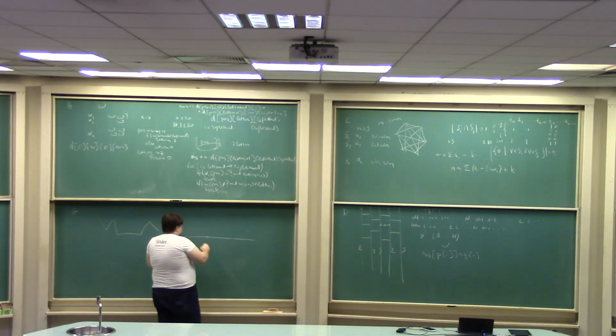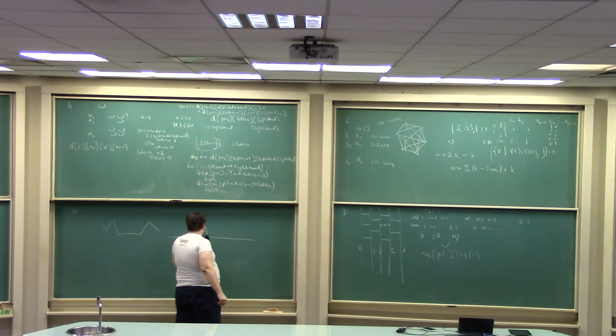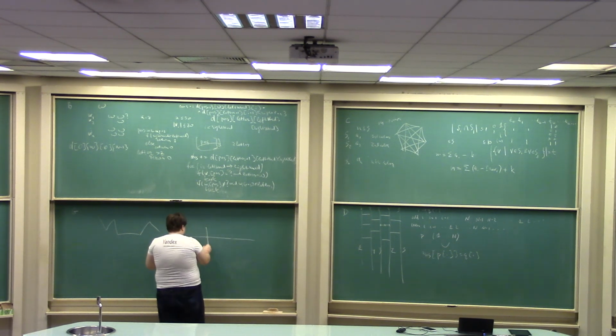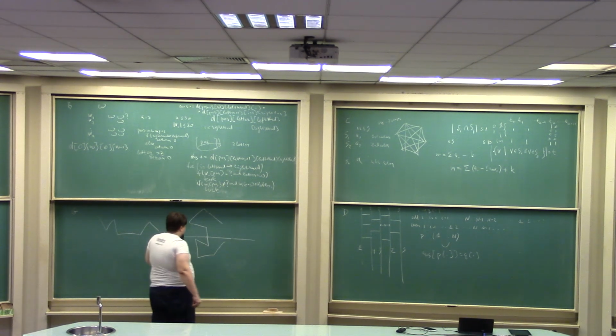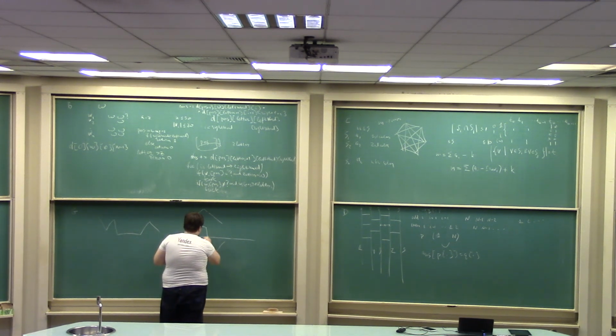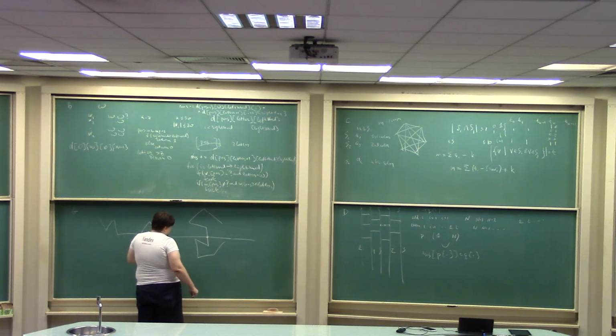So let's look at some segment. We have some kind of polyline here. And what we need to know for each point of this line, we have polyline like this.